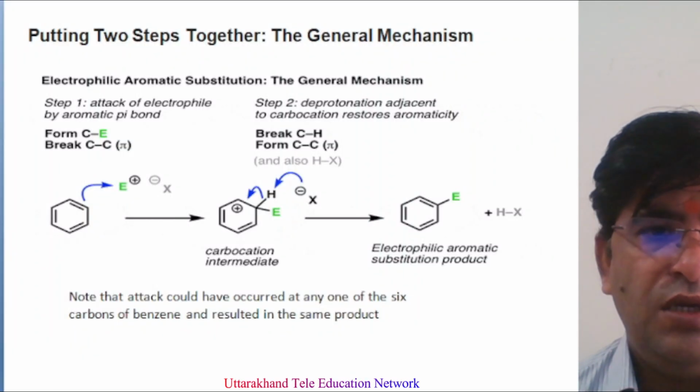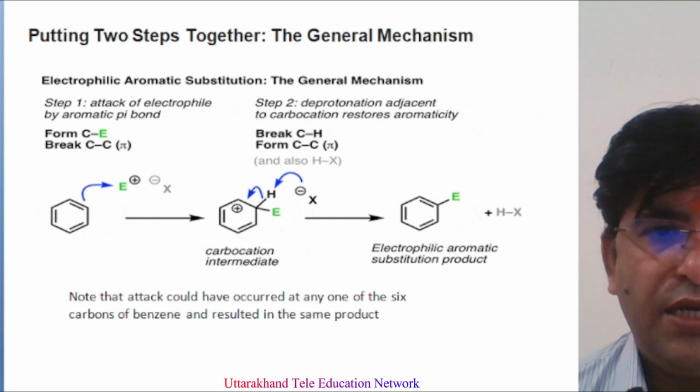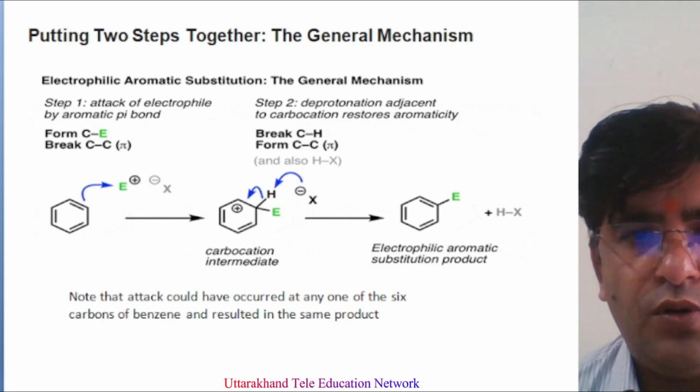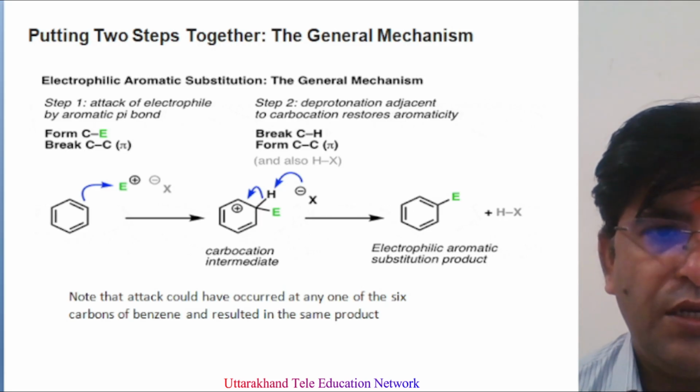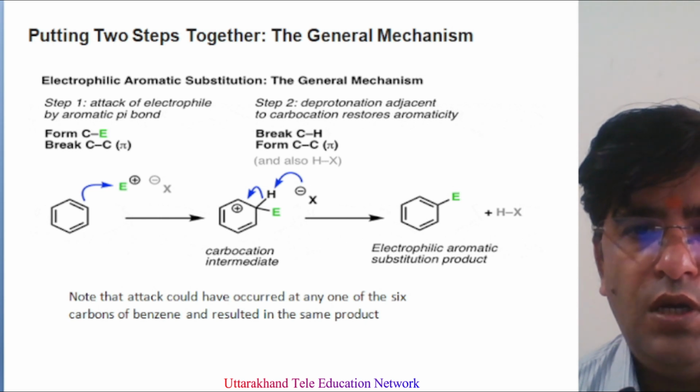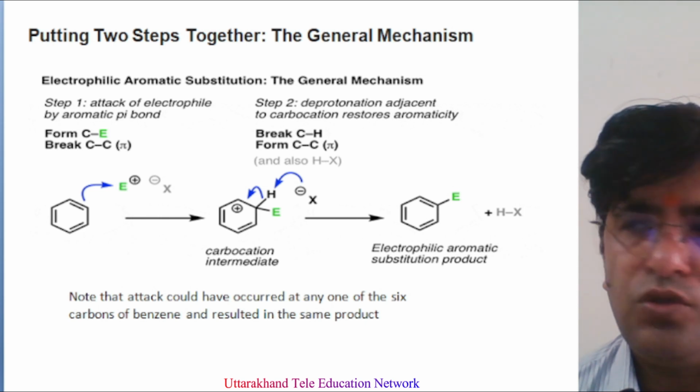The general mechanism: the two steps are attack of the electrophile and deprotonation. This is the representation of the general mechanism of the electrophilic substitution reaction. The two-step attack of the electrophile on the benzene ring and deprotonation of the carbon adjacent to the carbocation restore aromaticity.